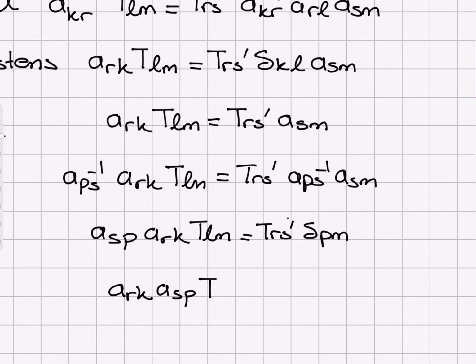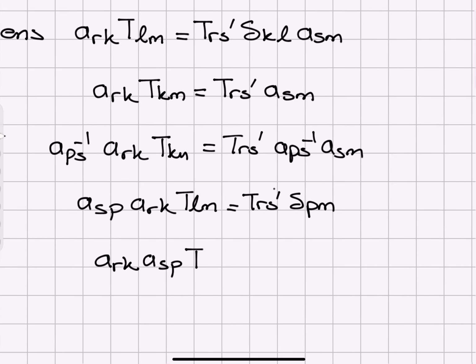Well, at this point here where I had Kronecker delta kl, this l has been replaced with k. Okay, so with the operation of the Kronecker delta. And here I have Kronecker delta pm, which means m will be replaced with p, so T_km will become T_kp.